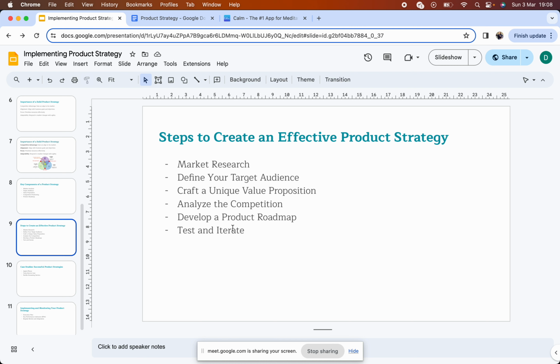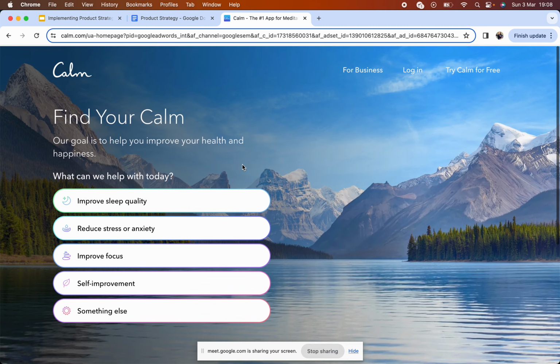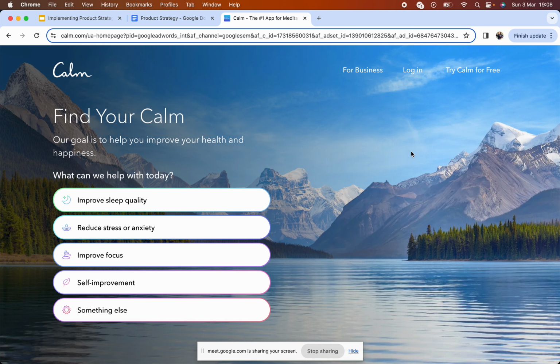What we do as product managers, we think of systems that we're trying to build. We think of ways to really do them well and optimize. If we were hired by this company, Calm, we'd come in and try to understand what the business does. What are the capabilities that it currently offers to people? What are the value propositions? We then move on to understand who the competitors in this space are.